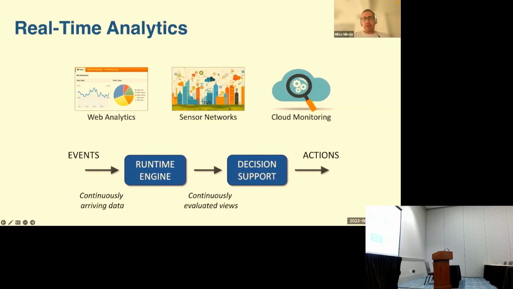This incoming data is processed by a runtime engine that continuously evaluates views over both real-time and historical data. You can think of these views as aggregate queries like in databases, or even more complex analytics like continuously trained machine learning models. And these analytics are then used by the decision support engine to make appropriate actions.